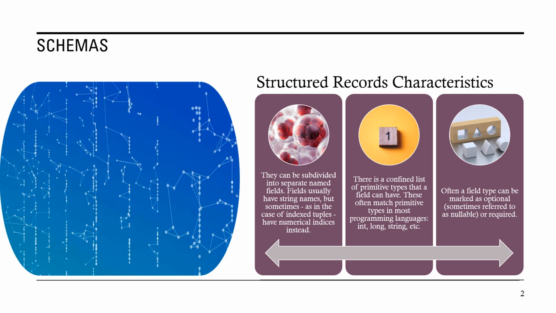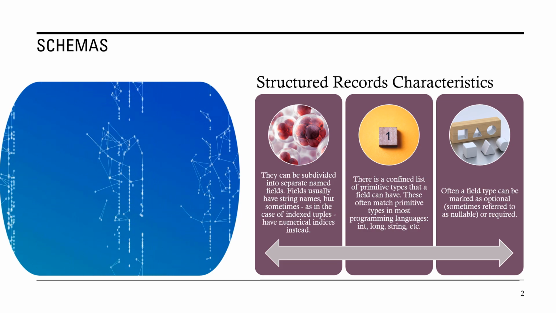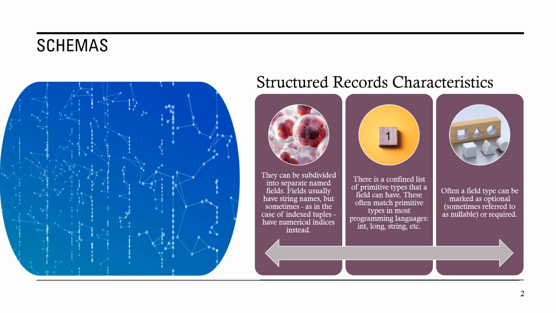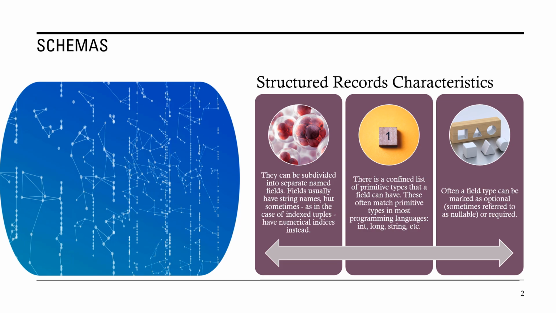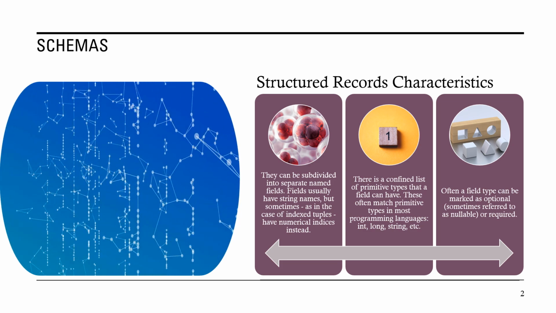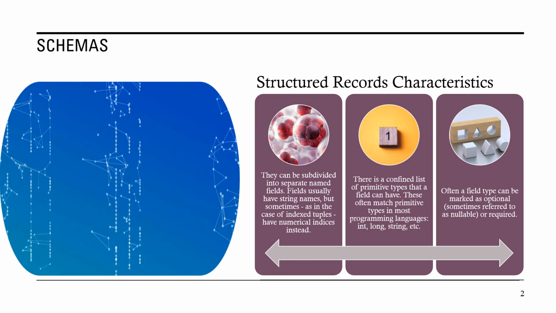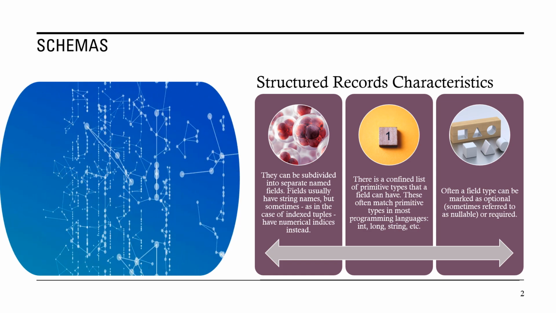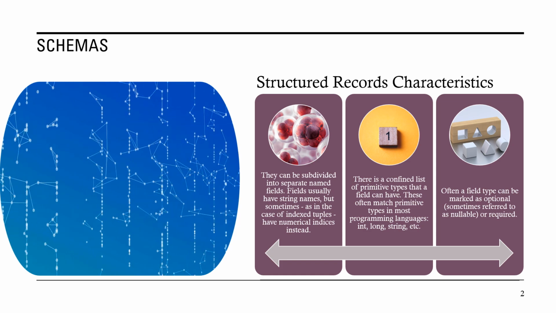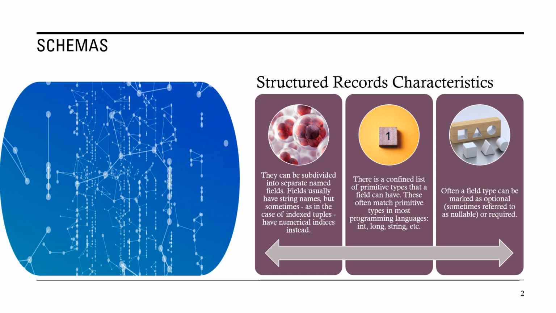These often match primitive types in most programming languages, like integer, long, string, etc. Often a field type can be marked as optional, sometimes referred to as nullable, or required. For example, when using AvroIO to read Avro files, the source can automatically infer a Beam schema from the Avro schema and attach that to the Beam PCollection.